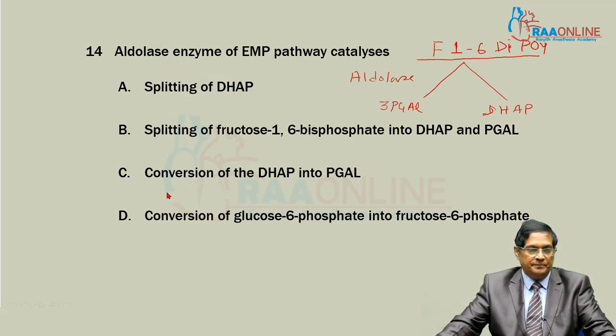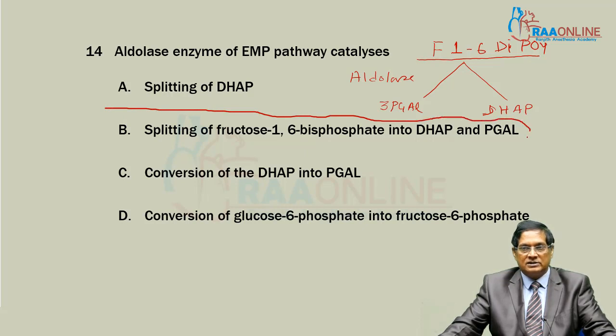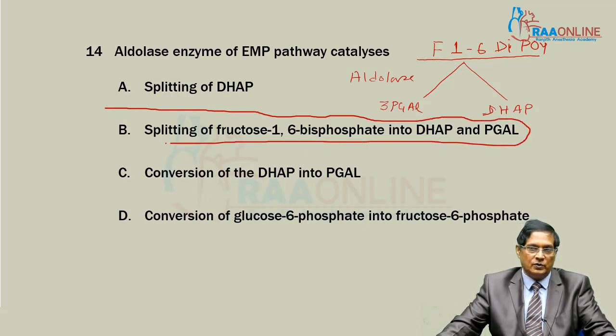So finally, the answer for the 14th question: splitting or cleavage of fructose 1,6-diphosphate into DHAP, a 3C compound, and PGAL, a 3C compound. DHAP is dihydroxyacetone phosphate. And what is PGAL? Phosphoglyceraldehyde. AL stands for aldehyde.